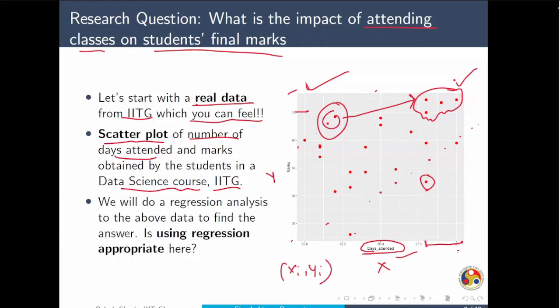But what I want from a model, whenever I build a statistical model, my intention is not the individual. My intention is what is happening in the population. From this scatter plot, you can say that in the population, that is the population of that particular class, if you attend class, then there is a chance of getting higher marks.